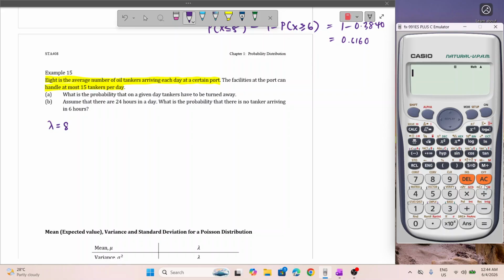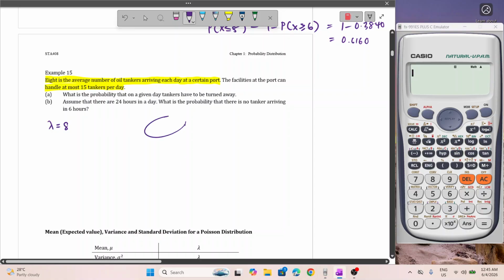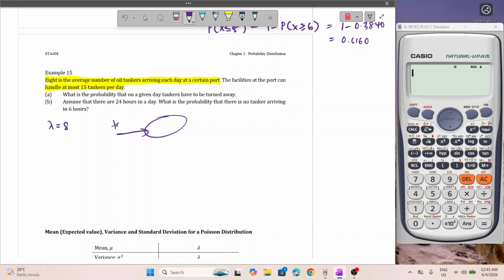What does it mean that tankers have to be turned away? Let's say this is the port, and there are tankers coming in, and this port can only handle 15 tankers in a day.